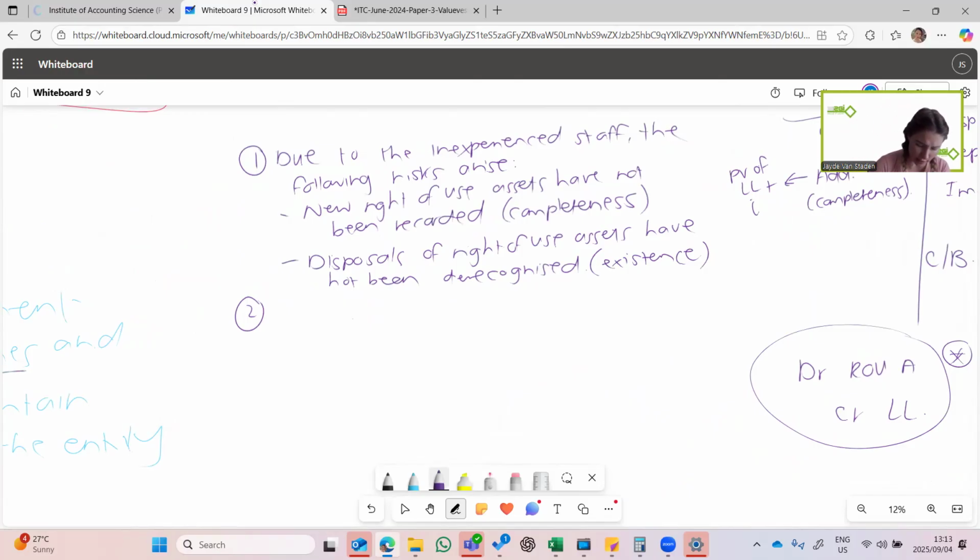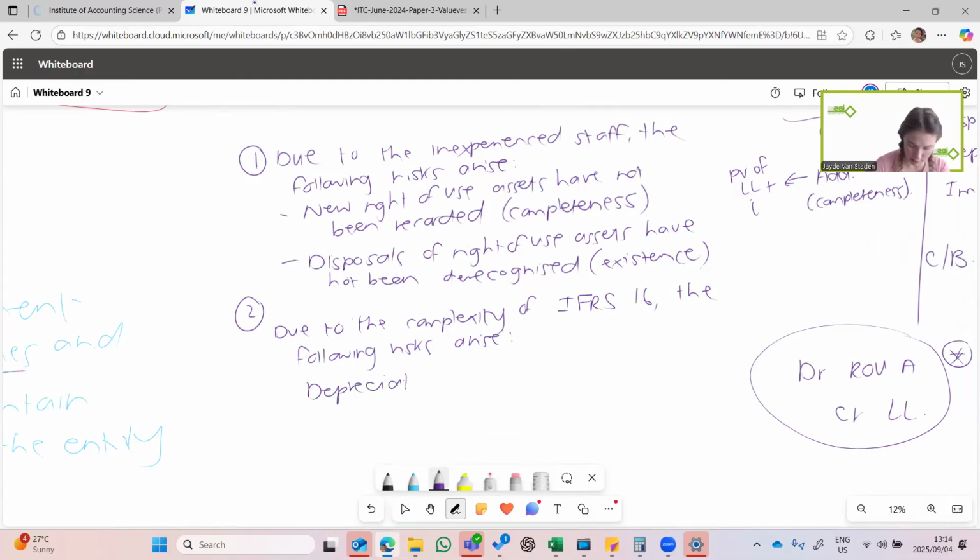So I'm going to write here, due to the complexity of IFRS 16, the following risks arise. Depreciation is not calculated accurately.